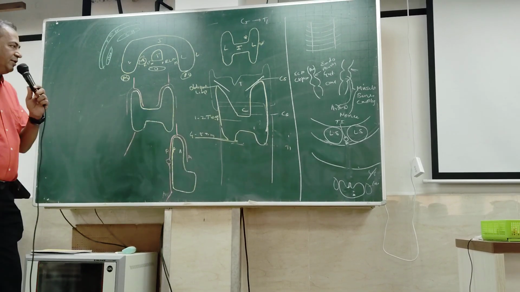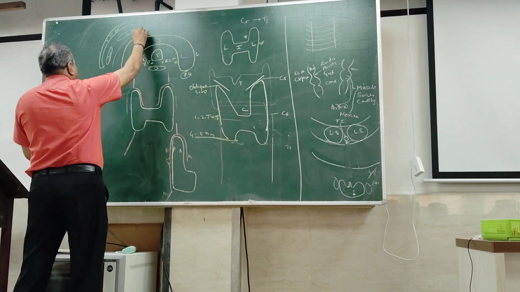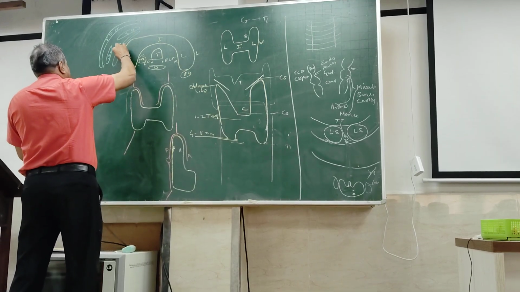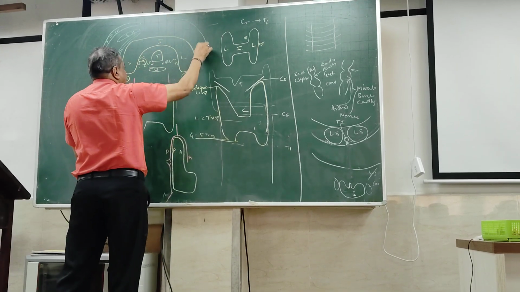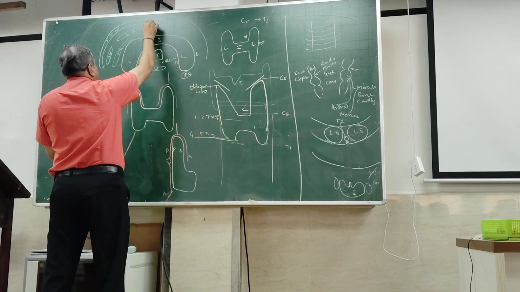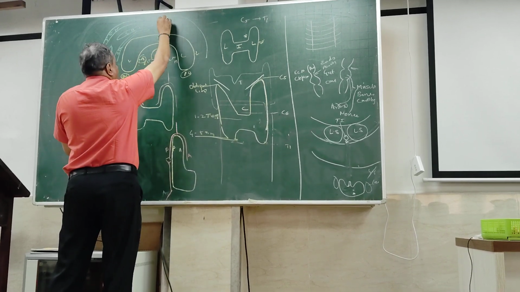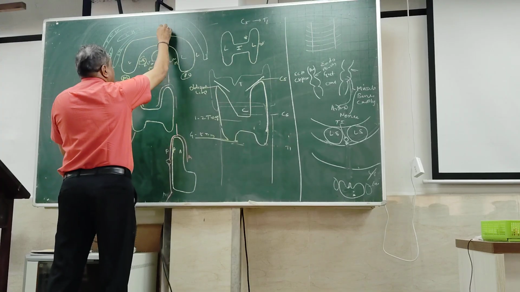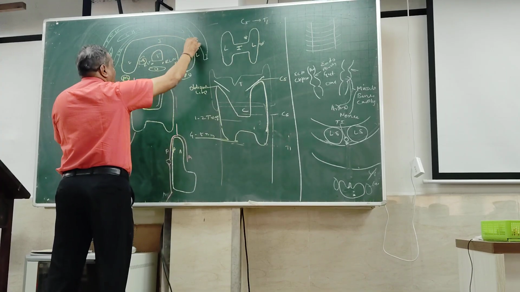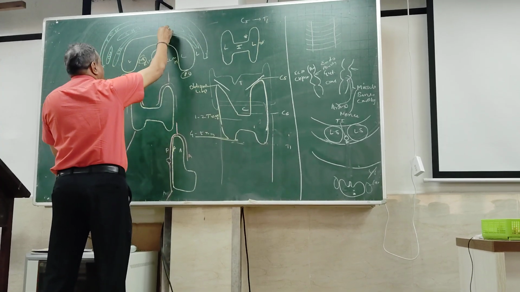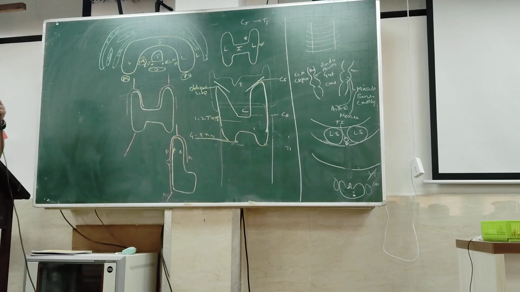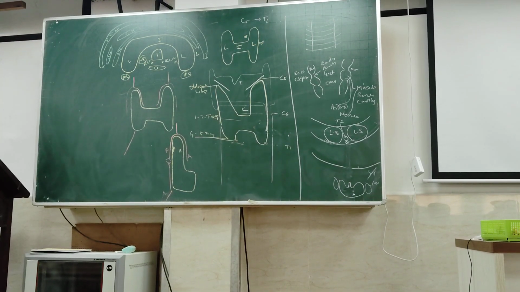Superior, and sternothyroid. Okay, this is clear. Sternocleidomastoid, sternohyoid, omohyoid, sternothyroid. This is clear. Lateral surface.